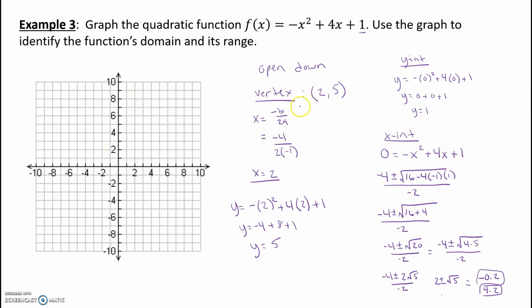All right, I think we've done everything. If you notice, there's a lot more to this than there was to vertex form. We've got (2, 5) as our vertex. Remember that the line of symmetry is the line x equals 2. That's our axis of symmetry. Oops, not y equals 5, y equals 1. There we are.